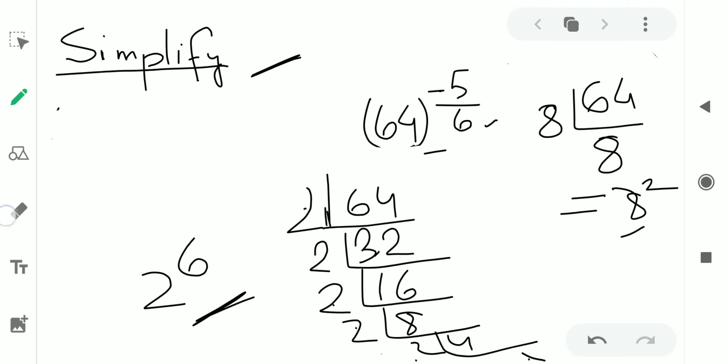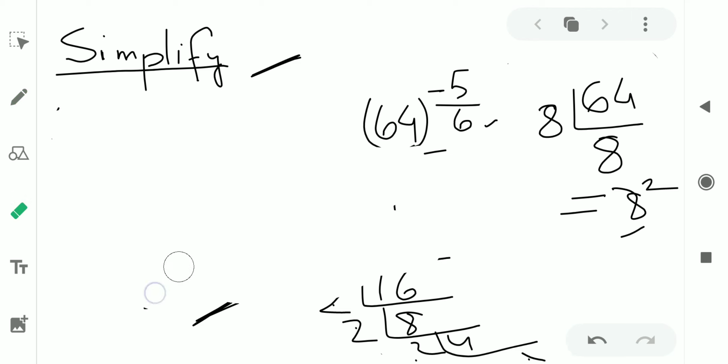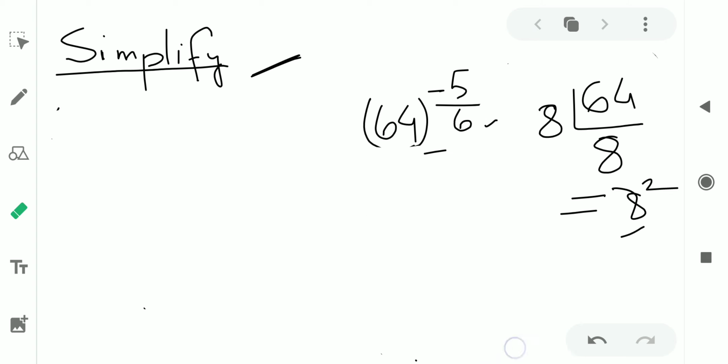So let's use this exponent term here, that is 2 to the power 6. Now in place of 64 we can write 2 to the power 6. Let me write clearly here.